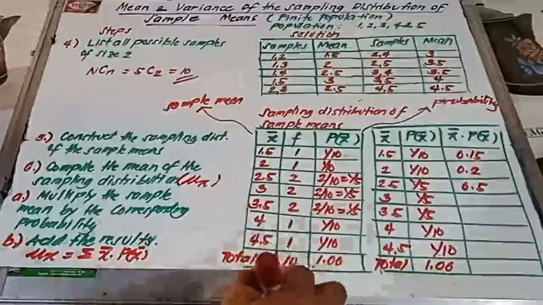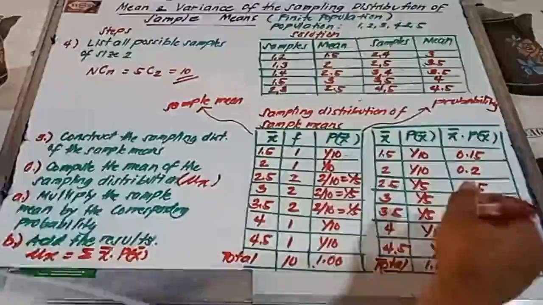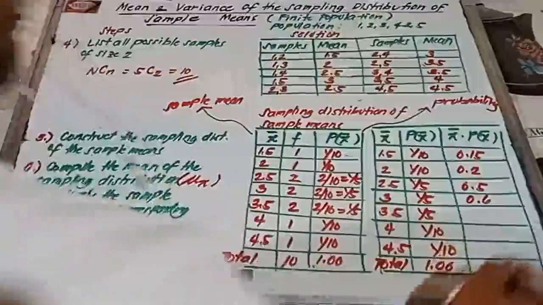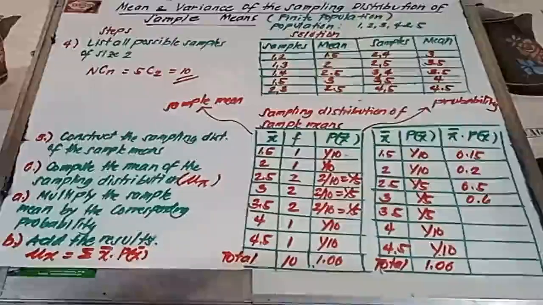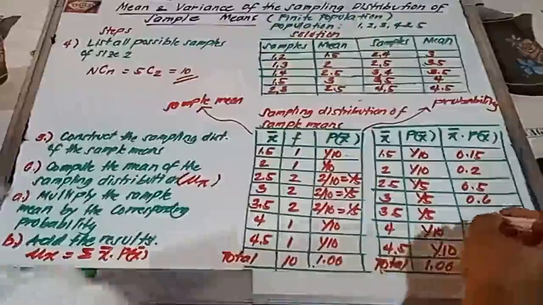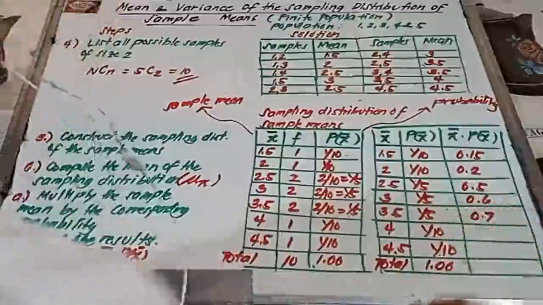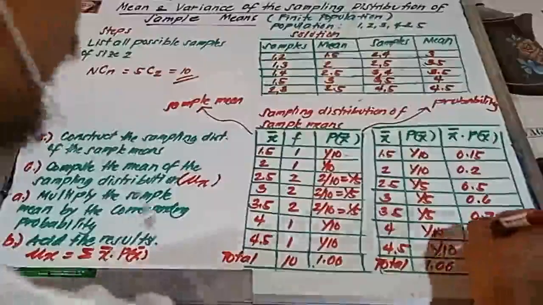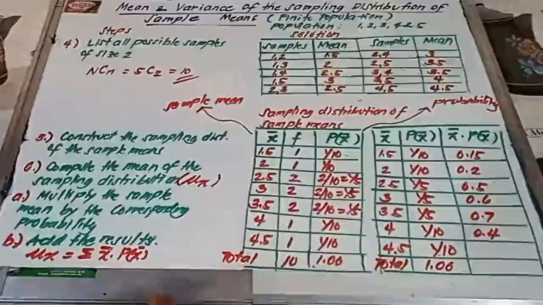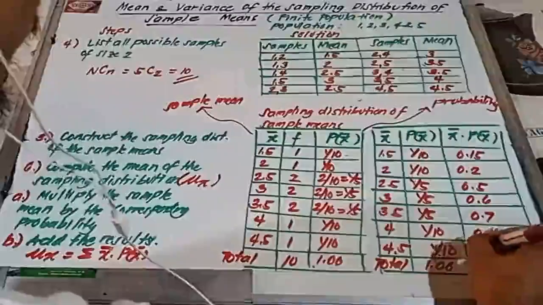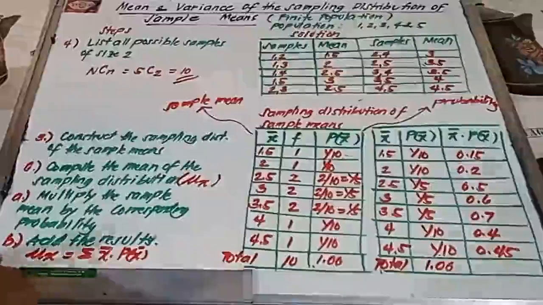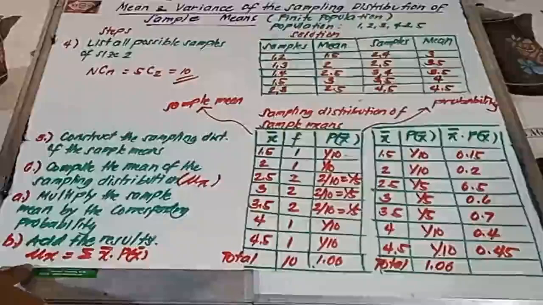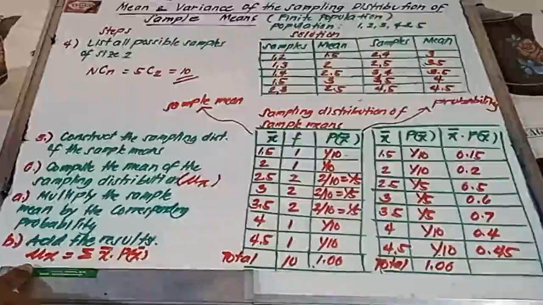Sorry, 3 times, that is 0.6. 3.5, that's equal to 0.35 times 2, that is equal to 0.70. And then 0.4. Okay. 0.45.